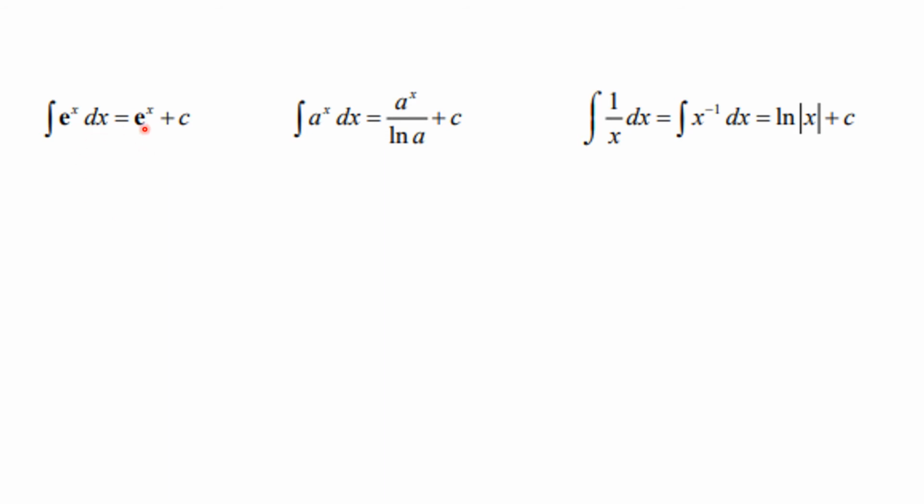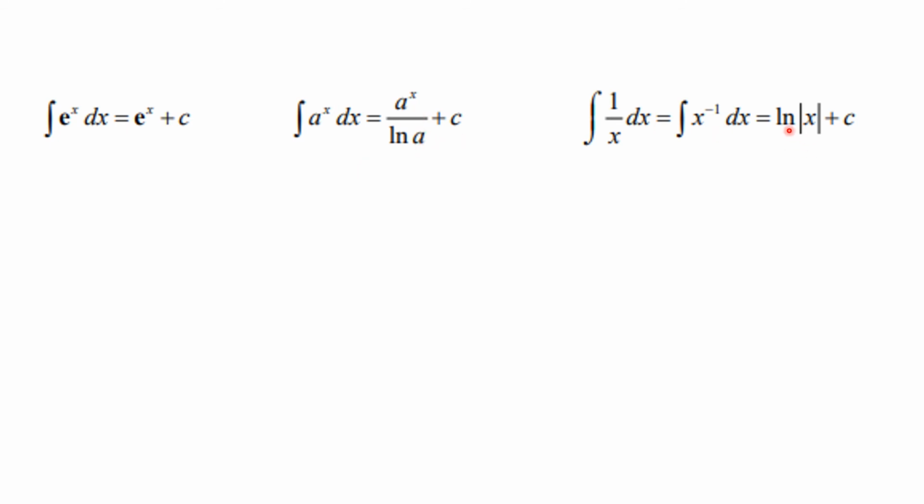Since the derivative of e to the x is e to the x, this formula holds: the integral of e to the x dx is e to the x plus c. Since the derivative of a to the x, where a is not e, it even holds for a equal e, the indefinite integral of a to the x dx is a to the x over ln of a plus c.